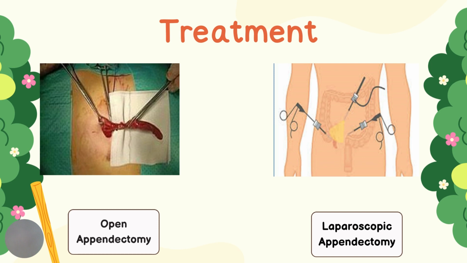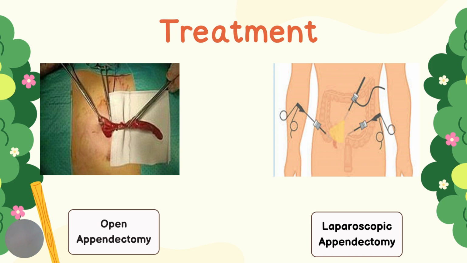When a definitive diagnosis of acute appendicitis has been made, then treatment is always surgical. And what surgical treatment is undertaken? That is, appendicectomy is performed. Approach is either open or laparoscopic. For open approach, a small incision is made in the right iliac fossa and open appendicectomy is performed.